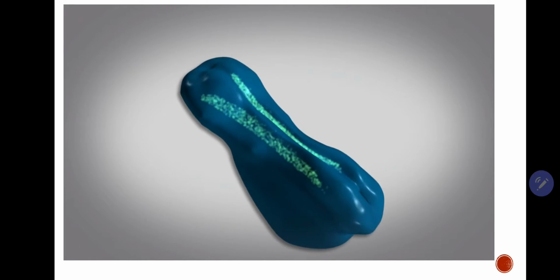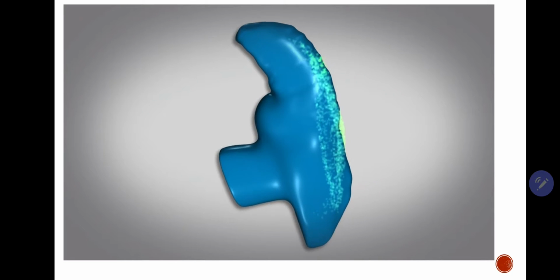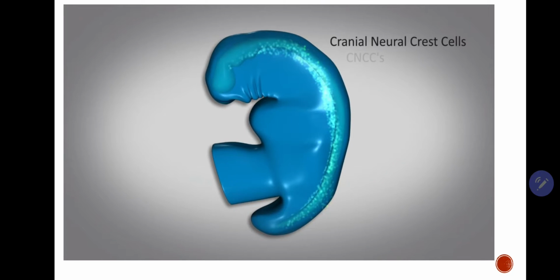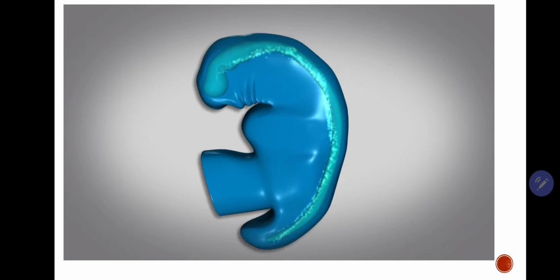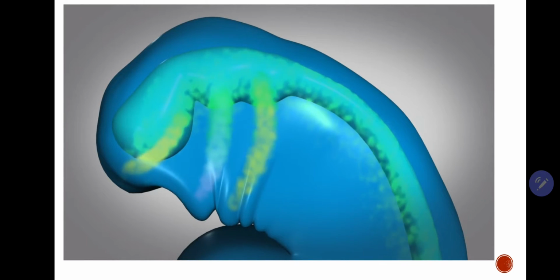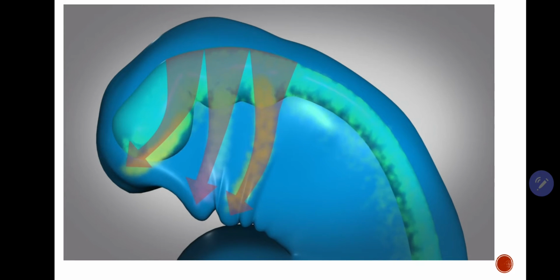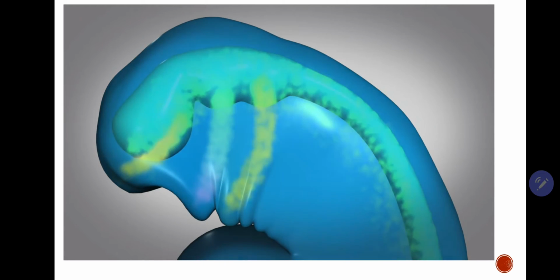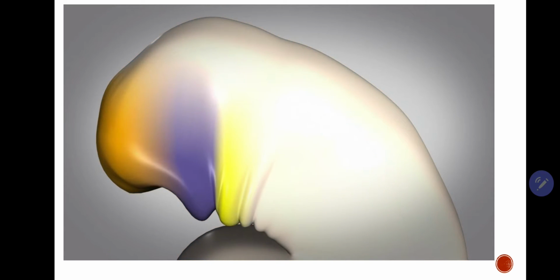Neural crest cells formed from the head or cranial region are called cranial neural crest cells, or CNCCs. These cells multiply and soon start migrating over long distances in distinct paths from the back of the embryo towards the front of the embryo. Once they arrive at their target destinations in the facial regions, CNCCs further develop and mature and ultimately contribute to a substantial amount of the structures in the head and neck region, such as bones, cartilage, and nerves.